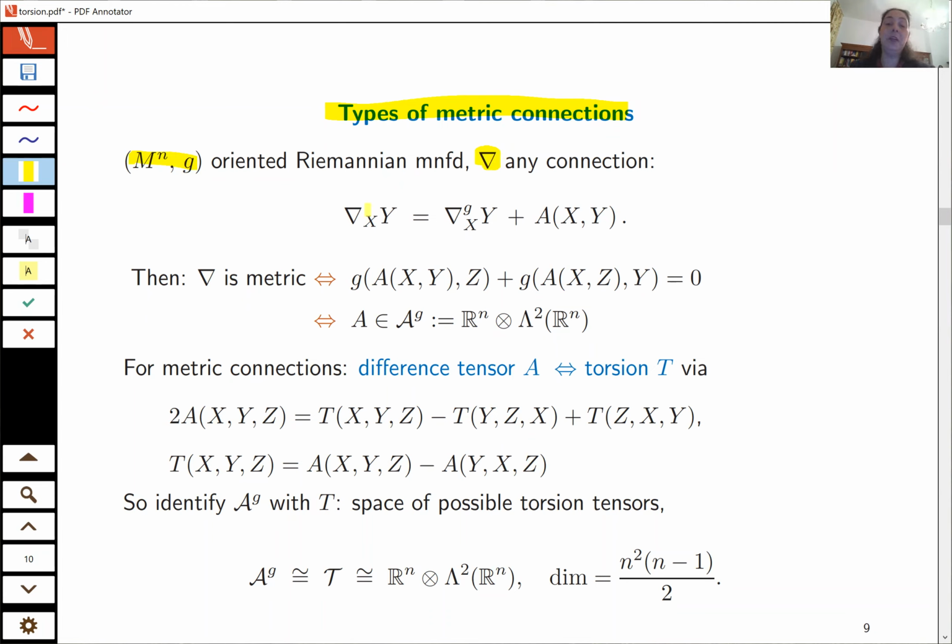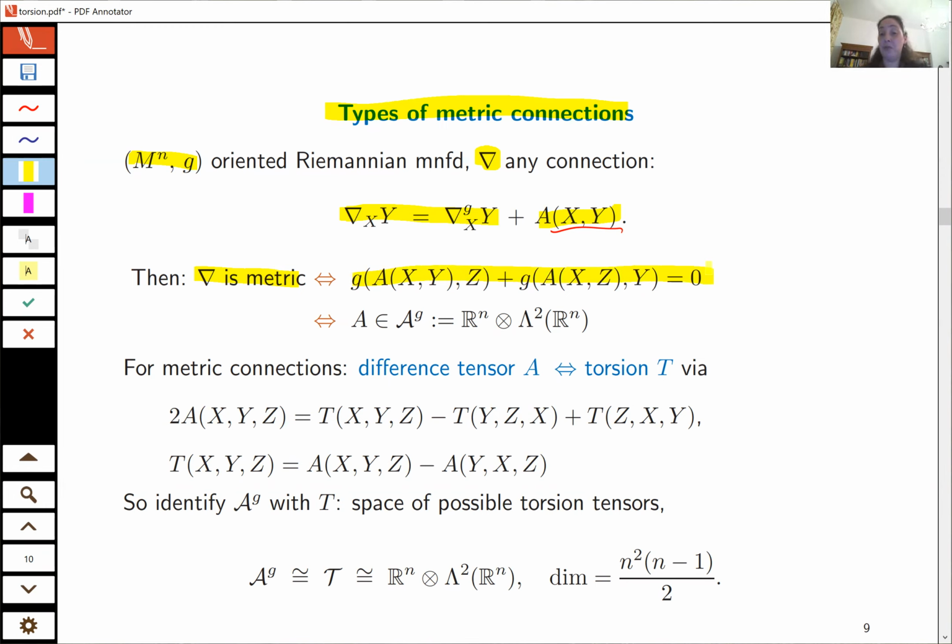Then any connection can, of course, be written as the Levi-Civita connection plus some difference tensor, A. Then you just spell out what it means for the connection to be metric. And metric is a condition to be imposed on this difference term A. And in fact, if you check, then you see that A has to be antisymmetric in the following sense.